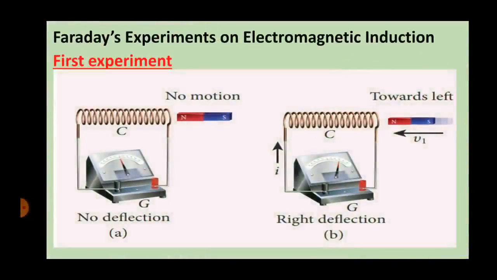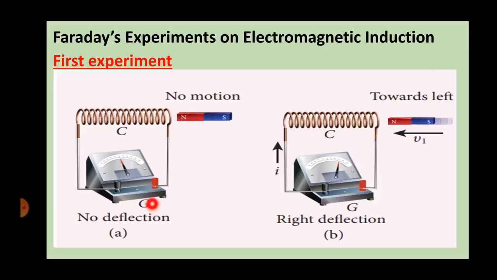As I already told you, Faraday found that a change in a magnetic field produces current. Understand? So let us consider a small circuit. This small circuit consists of a cylindrical coil made up of several turns of insulated copper wire connected in series to a sensitive galvanometer G. Coil C, and G is the galvanometer.